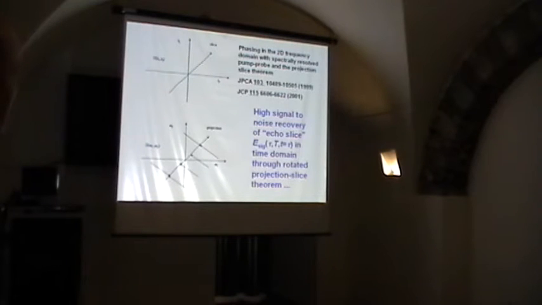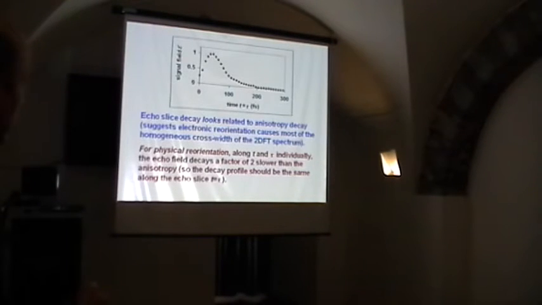So the way that we do that is we use a projection slice theorem to get the echo slice through the 2D data. And the echo slice through the 2D data has a time scan in terms of, okay, it peaks, this is a finite pulse effect, and then there is a decay, and it's looking like it's around 100 femtosecond types of time scales.